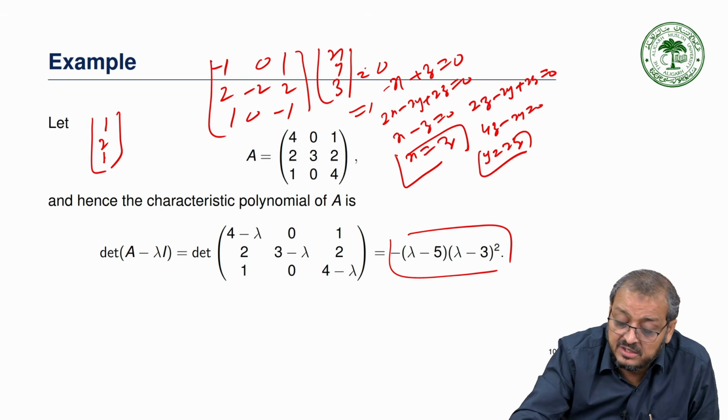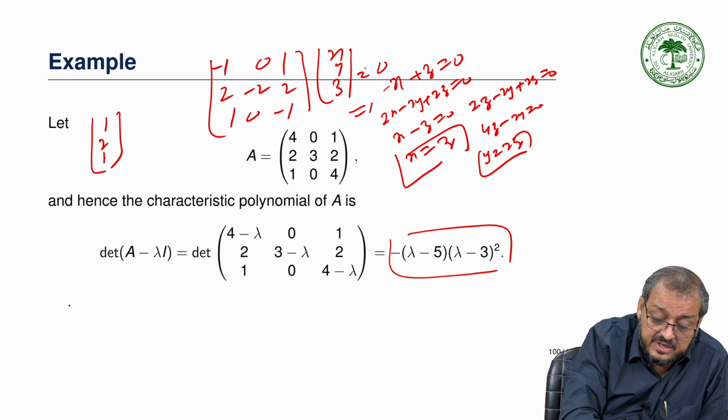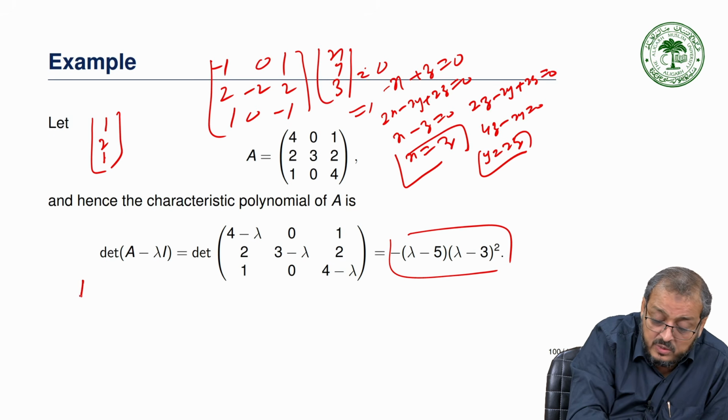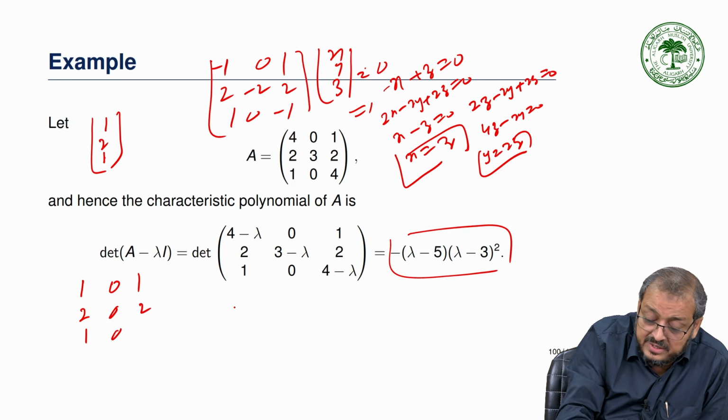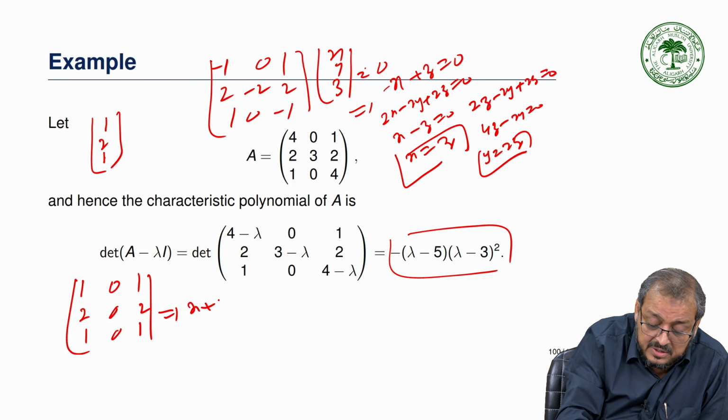Then for lambda equal to 3, which is the other root, we take lambda equal to 3. So 4 minus 3 is equal to 1, and we have the matrix with rows 1, 0, 1, then 2, 0, 2, then 1, 0, 4 minus 3 which is 1. This can be written as x plus z is equal to 0, then 2x plus 2z is equal to 0, then x plus z is equal to 0.